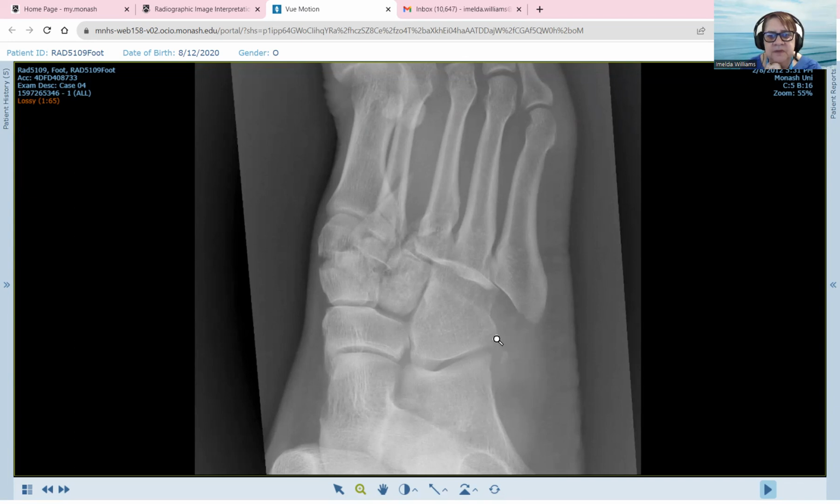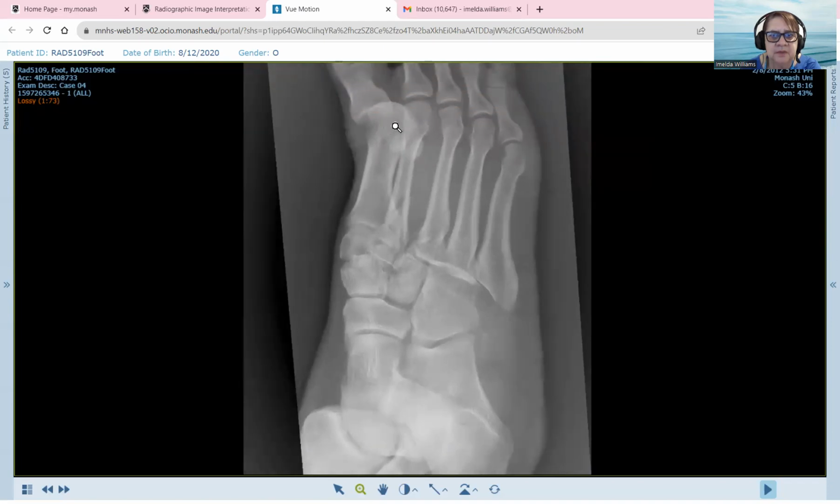So this is not an avulsion fracture, but it's an incidental finding of an os peroneum. So the main finding for this patient then is a Lisfranc fracture dislocation with fractures of the cuneiform, and then it also resulted in subluxation of the metatarsophalangeal joint of the big toe.